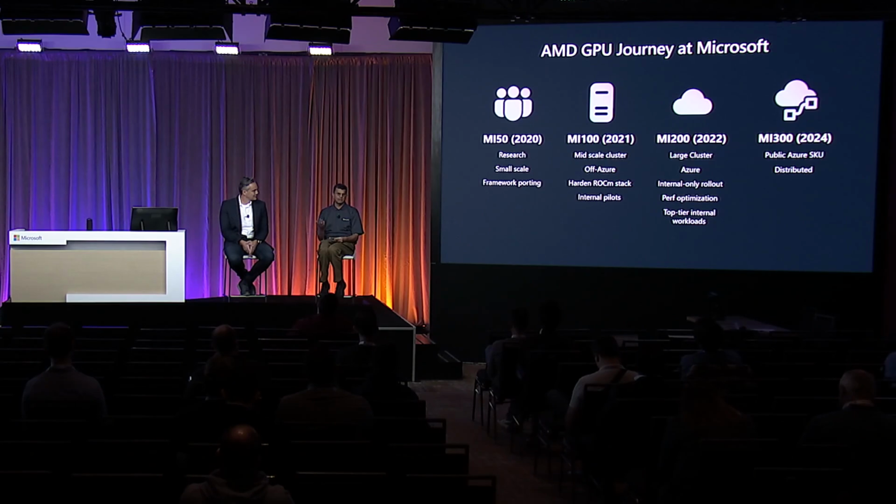They did some initial experiments, and we were pretty happy with what we saw. Then we started a pretty close engagement with the AMD team and the AMD research folks.